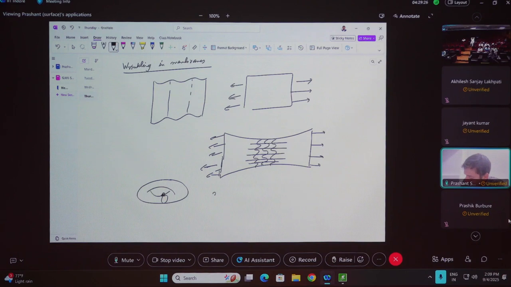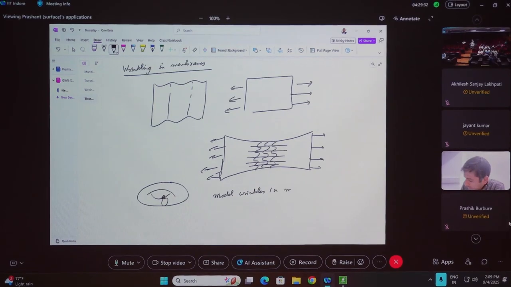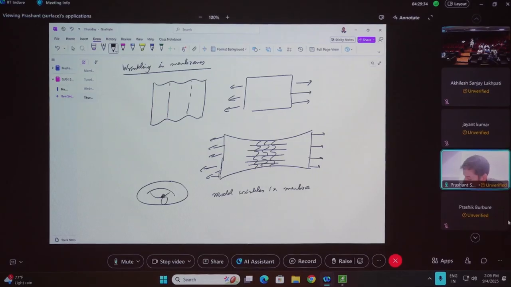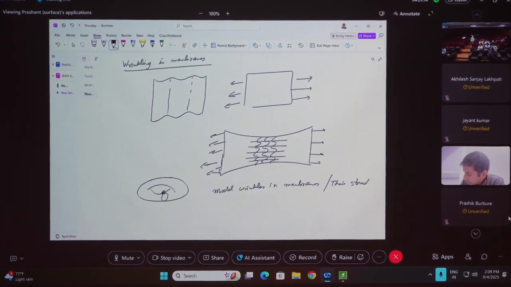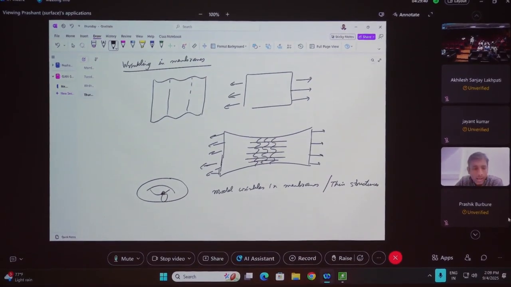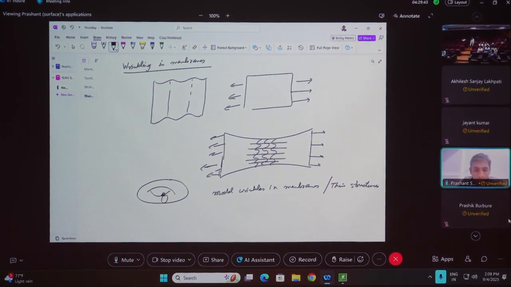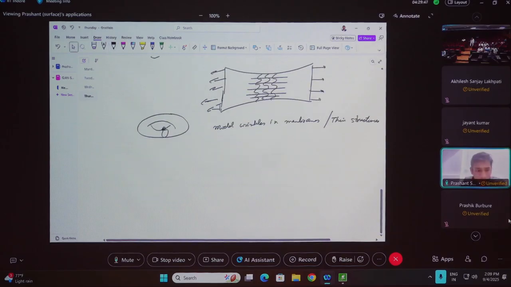Okay, or basically thin structures. And there are some ways which people do that. One of the very popular methods is called the tension field theory.